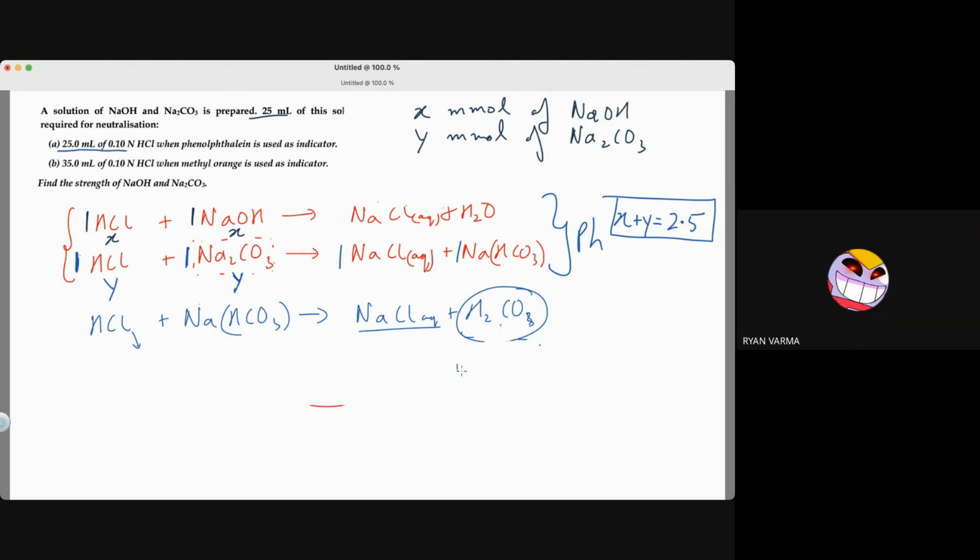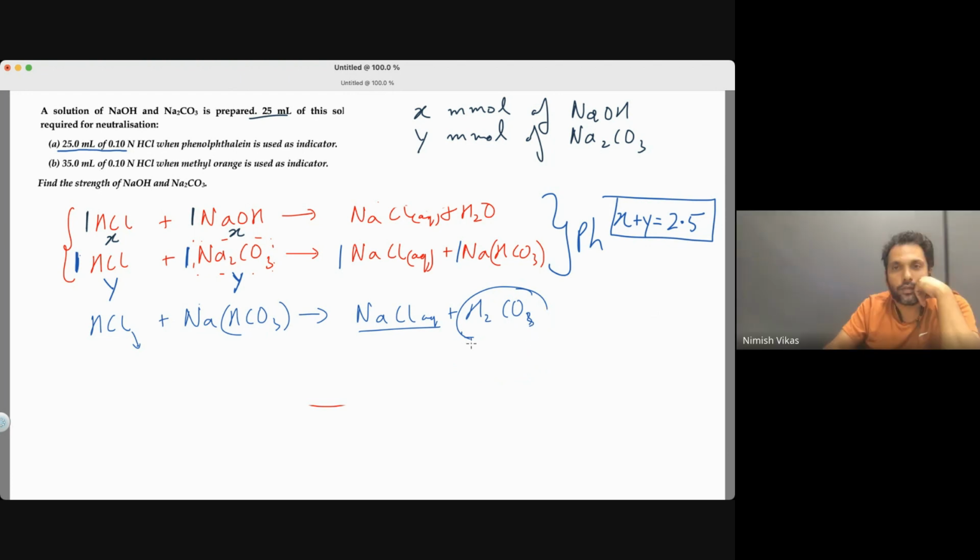Sir, shouldn't you convert ml to liters first? Were you there last class? No, sir. Number of moles is equal to molarity into volume. Okay. If volume is in ml, then you get your answer in millimoles. If volume is in liters, you get your answer in moles.